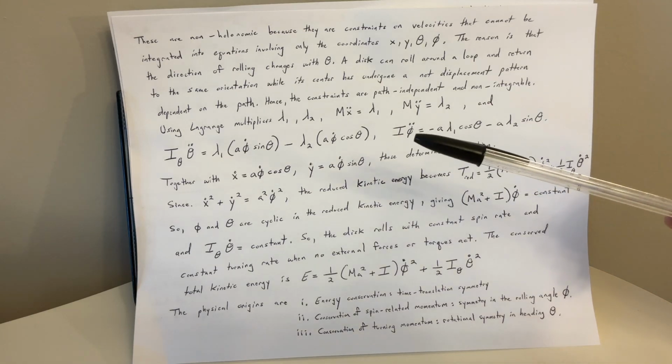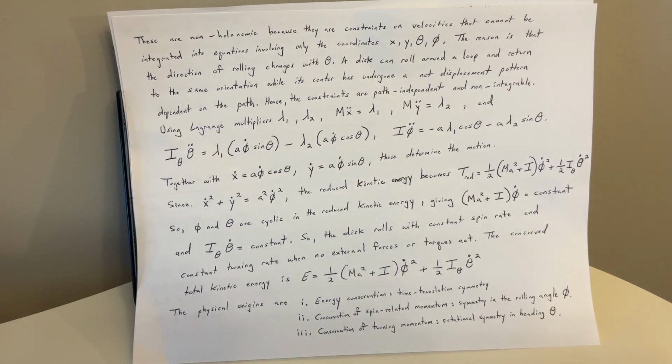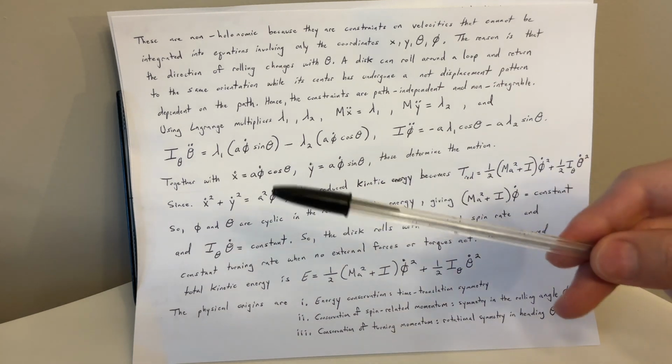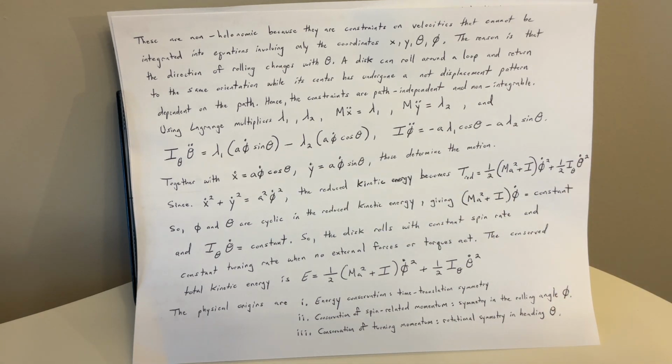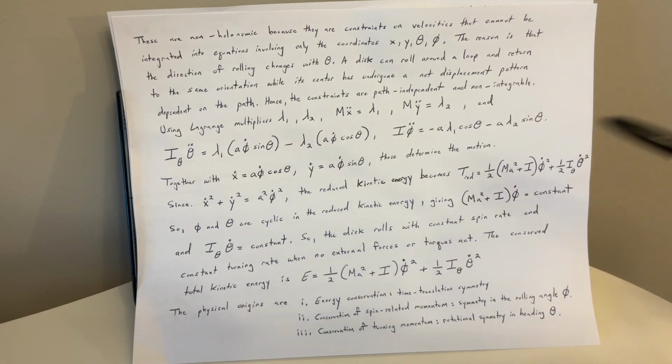So I phi double dot equals negative a lambda sub 1 cosine theta minus a lambda sub 2 sine theta. Together with x dot equals a phi dot cosine theta and y dot equals a phi dot sine theta. These determine the motion.